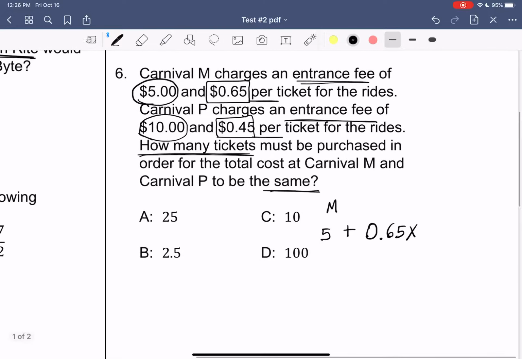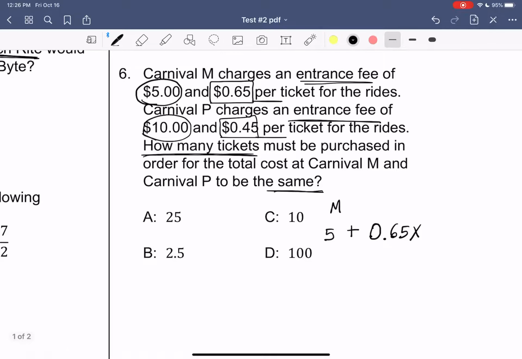And then Carnival P is going to be $10 plus 45 cents per ticket. So then we're going to take this and we're going to solve it.